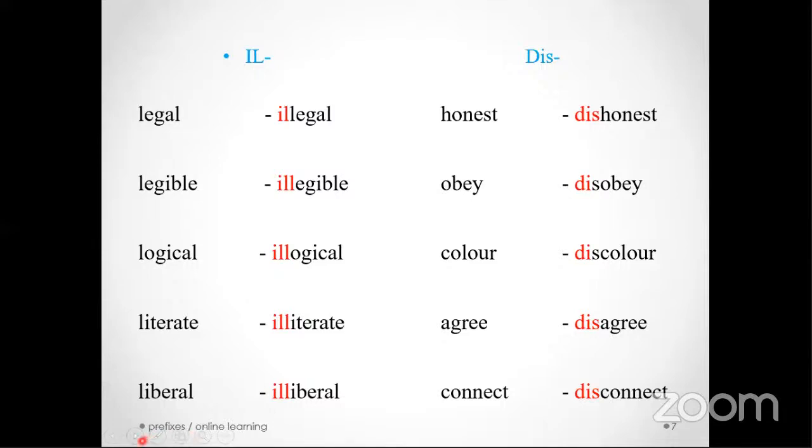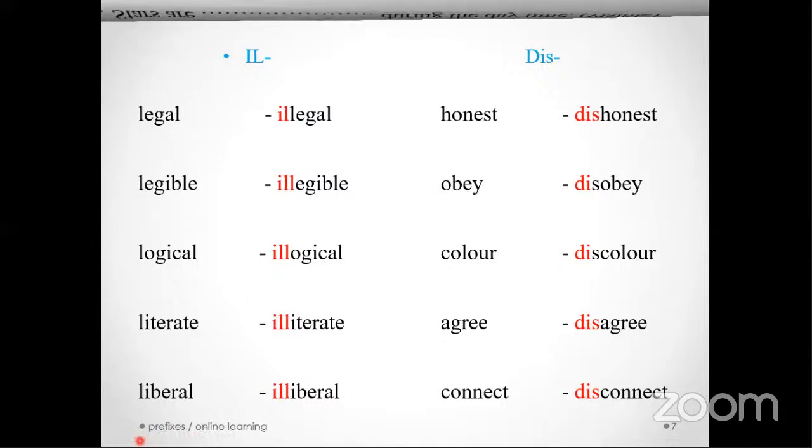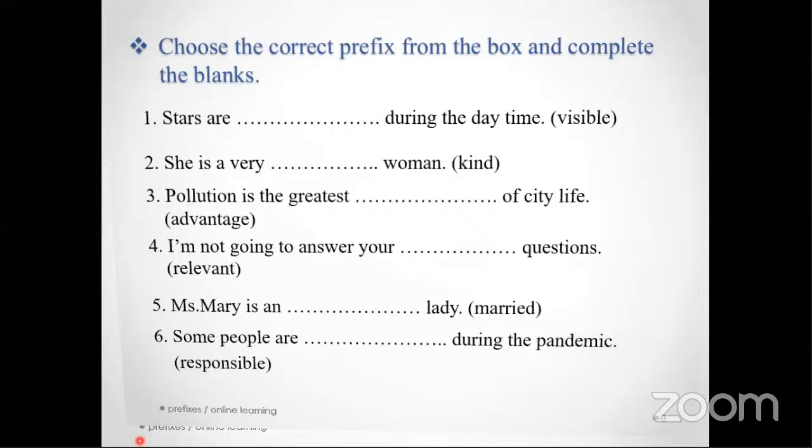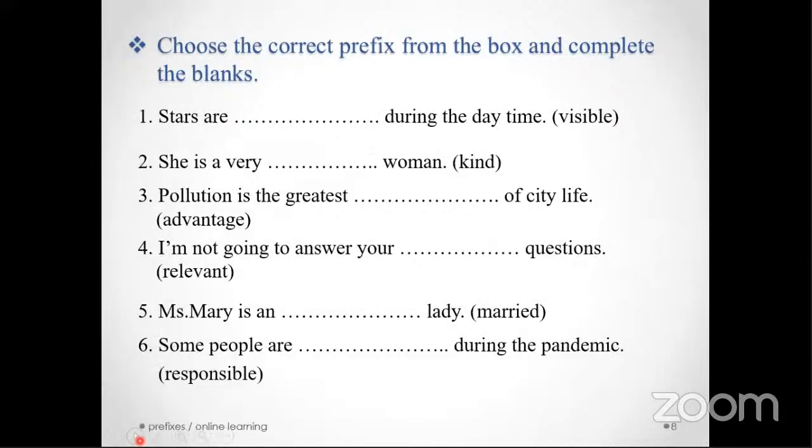Right, now let's go to a small activity from the things that we learned up to now. Choose the correct prefix from the box and complete the blank. I have not given the prefixes here. I have given the words in the brackets. So place a suitable prefix before these words and write the correct answer, right?